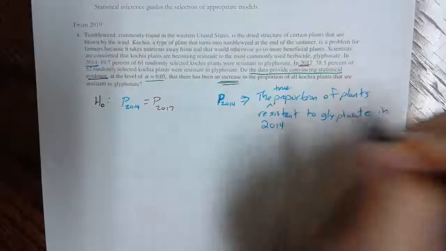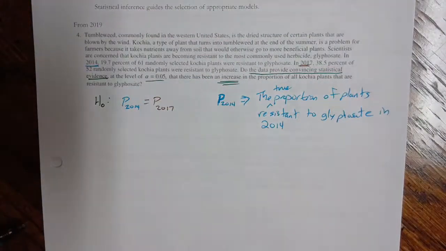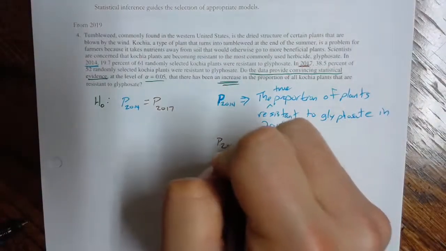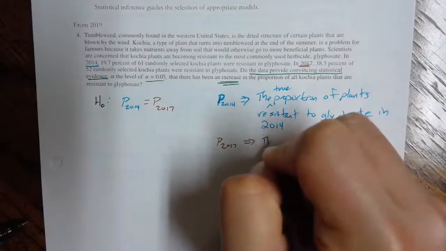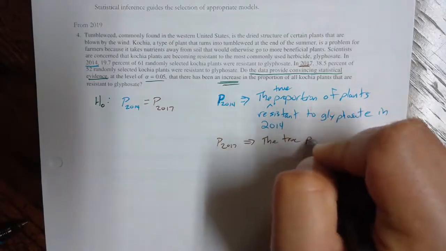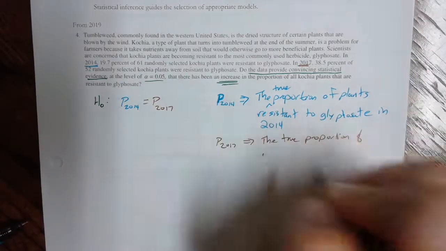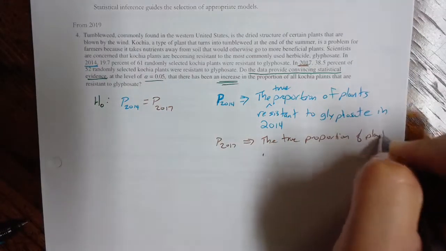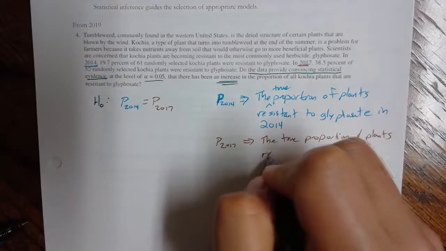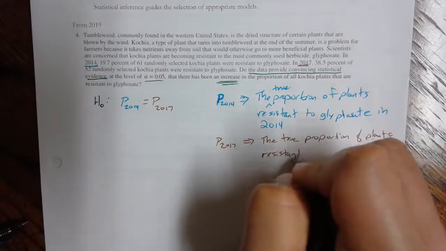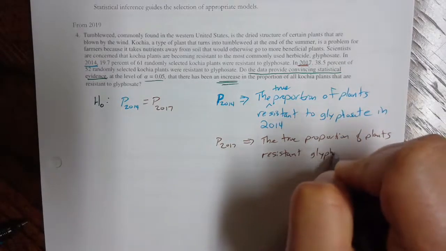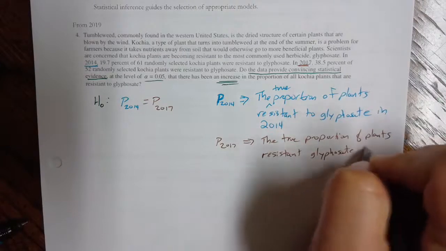And the 2017, this represents the true proportion of plants resistant to glyphosate in 2017.